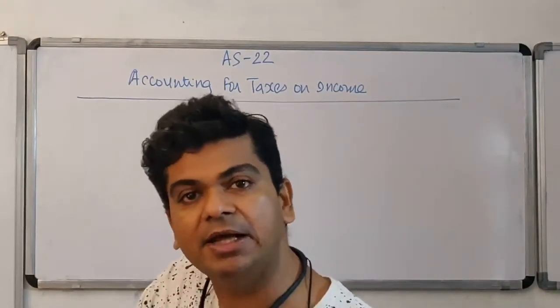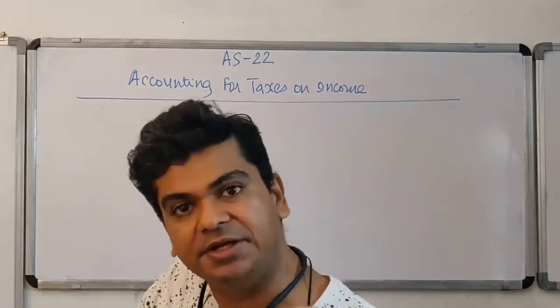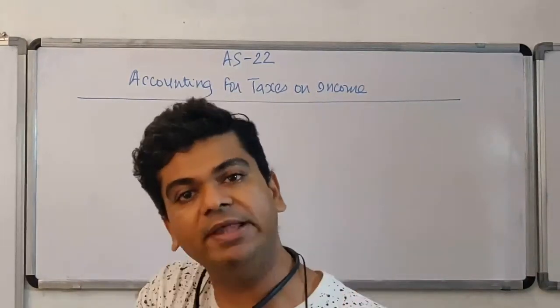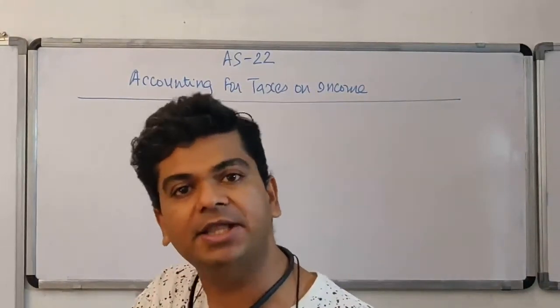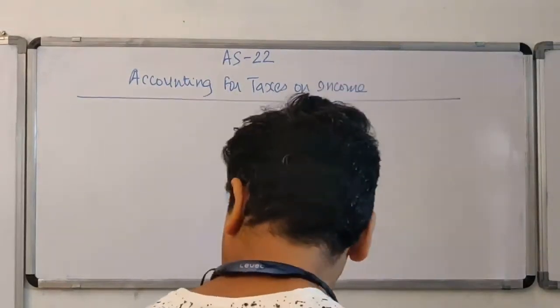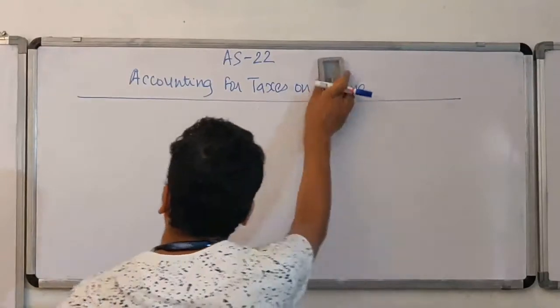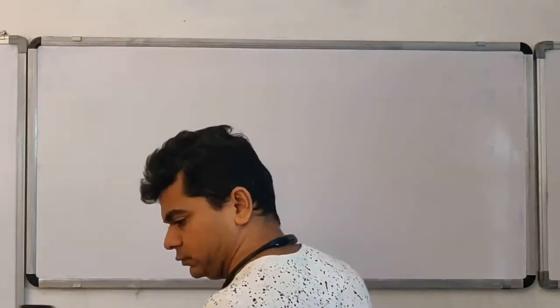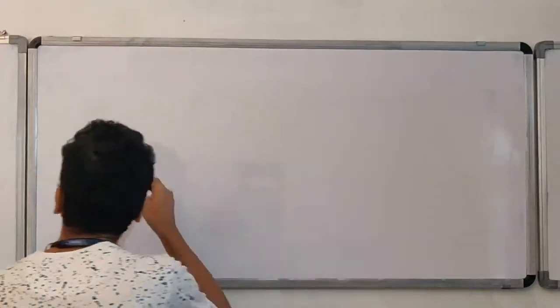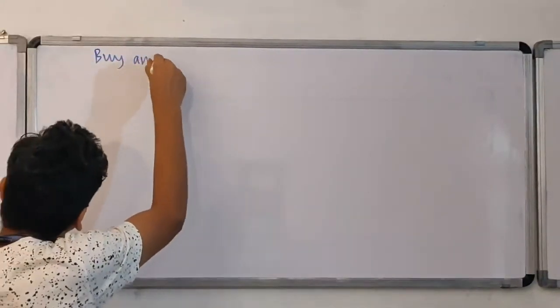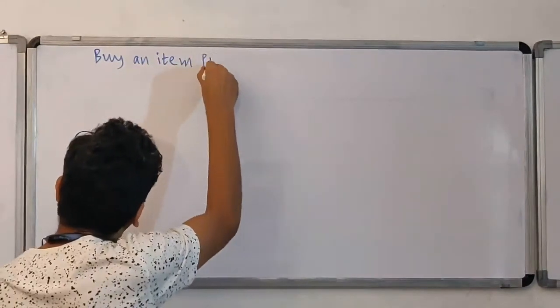Let's take some figures and understand what difference depreciation is going to cause between the accounting profit and the taxable income. Let's assume we buy an item of PPE.